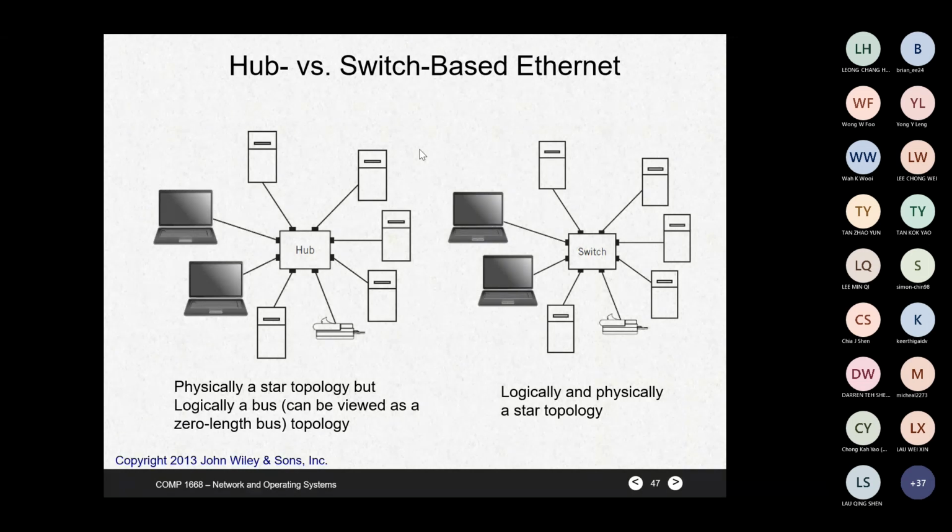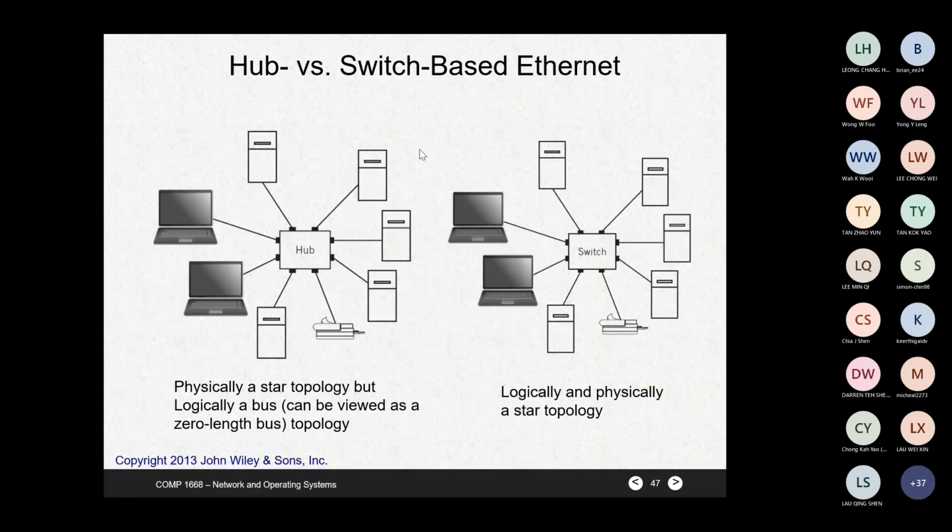That's how a hub works, because a hub is a passive, non-configurable device. You buy a hub, you plug and play. You turn it on, plug in all your cables, and it will work. It doesn't require any setting or configuration. Whereas a switch is different. You cannot just turn it on and start using it. It won't work. A switch requires configuration.